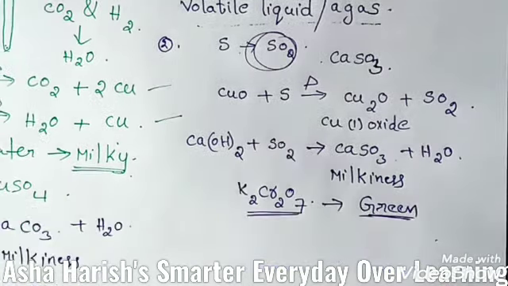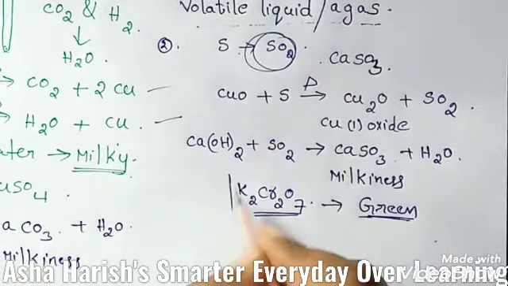This is potassium dichromate. Okay students, this is about the detection of carbon and hydrogen. This is the complete diagrammatic explanation, and these are the chemical equations with lime water and calcium carbonate with cupric oxide, and I have also explained the modifications.